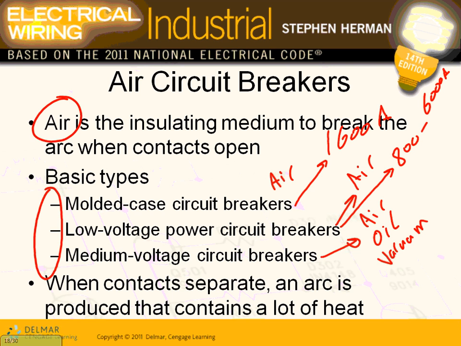These medium voltage circuit breakers start making sense at 600 amp to 4000 amp. You're not going to buy a medium voltage circuit breaker for less than 600 amps. Good luck. You're not going to buy a low voltage power circuit breaker less than 800 amp.